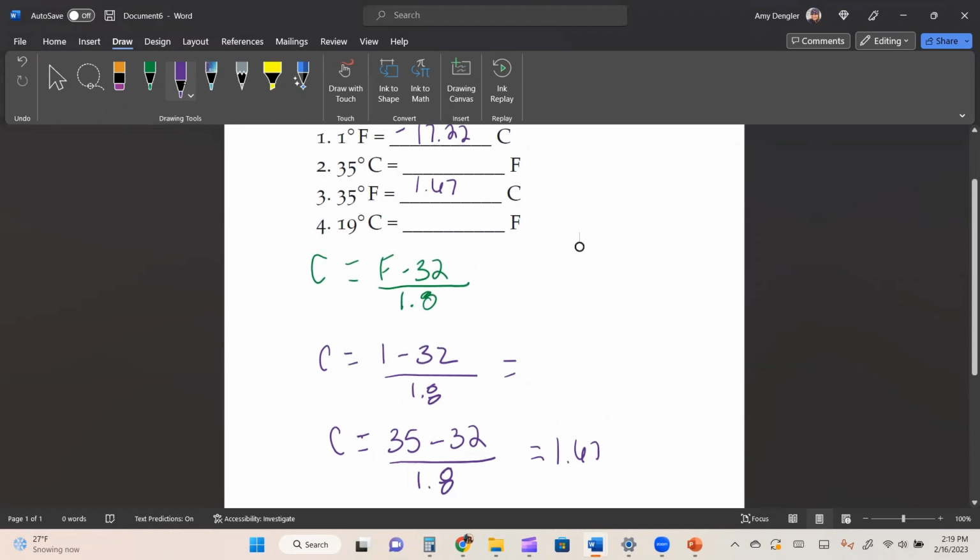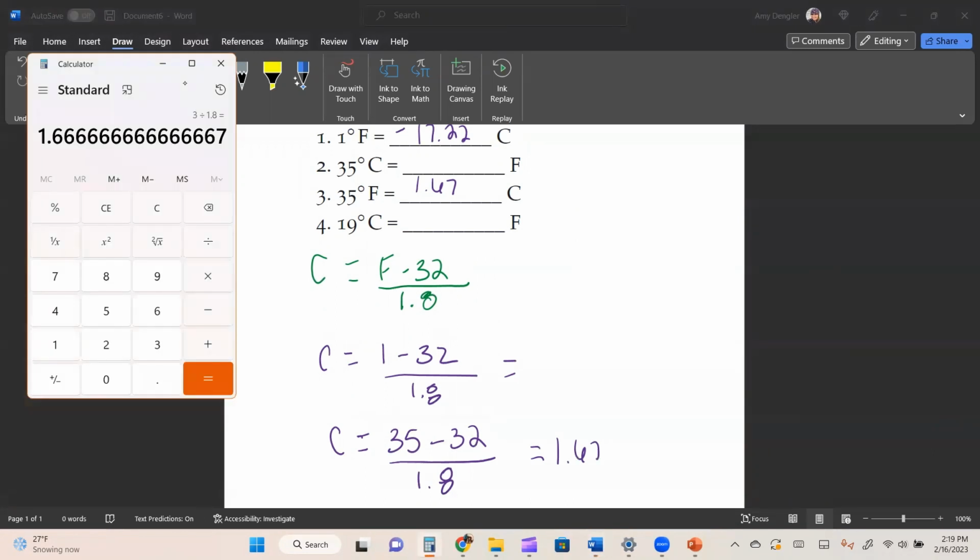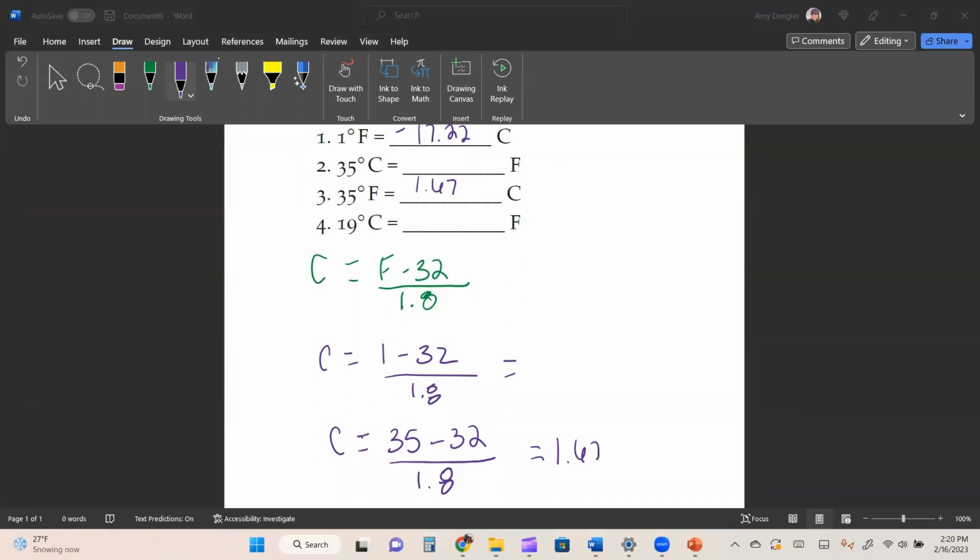So one thing you want to make sure that you're doing is you're first subtracting. If I were to go 35 minus 32 divided by 1.8 without hitting anything at all, I should get the right answer, but sometimes you don't, just depending on what you're doing.